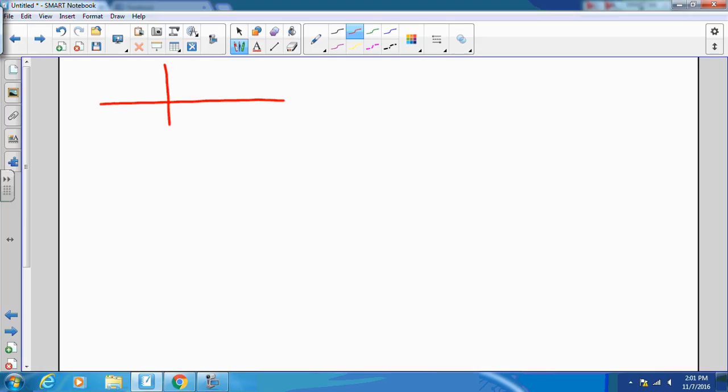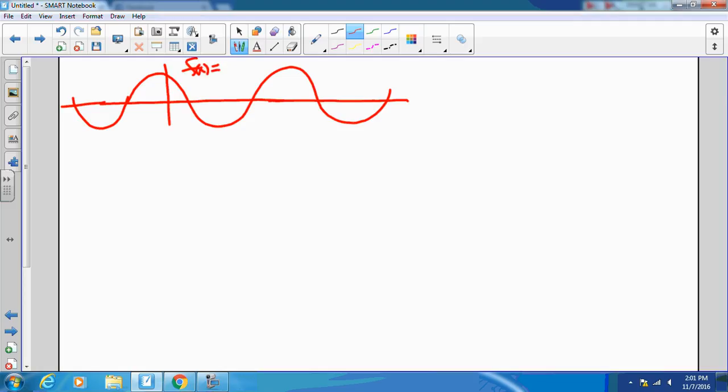Well, using the same idea, we can come up with a graph of the derivative of cosine. And of course, we need a well-labeled number line, f prime.